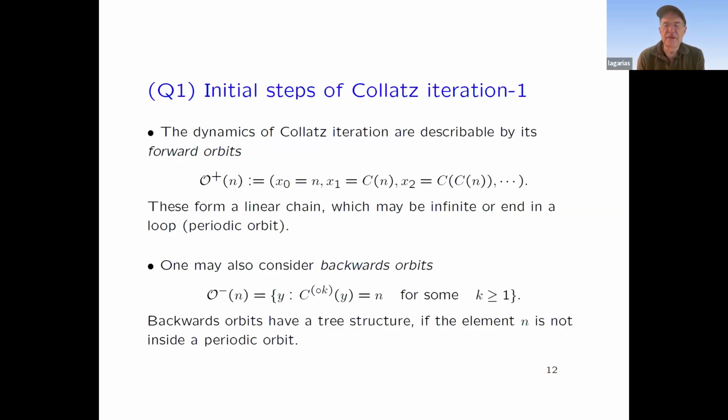But if you consider its backwards orbits, which are all the things that eventually iterate to n, those backwards orbits have a tree structure because it's a 2-to-1 map for certain integers. And you'll get an infinite tree if the element n that you start with is not in a periodic orbit. Otherwise, you'll get a loop for the periodic orbit and a bunch of infinite trees coming off it. Next.